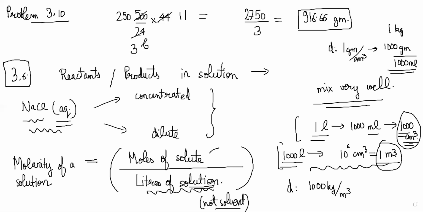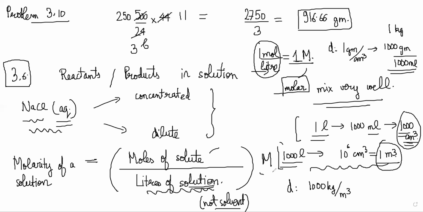So you will write a capital M. If it was 1 mole per liter, then that is written as 1 molar. This is called molar. If it was 1 mole of solute per liter of solution, you would have called it 1 molar. So whatever answer comes out of this, you will write in terms of capital M units.